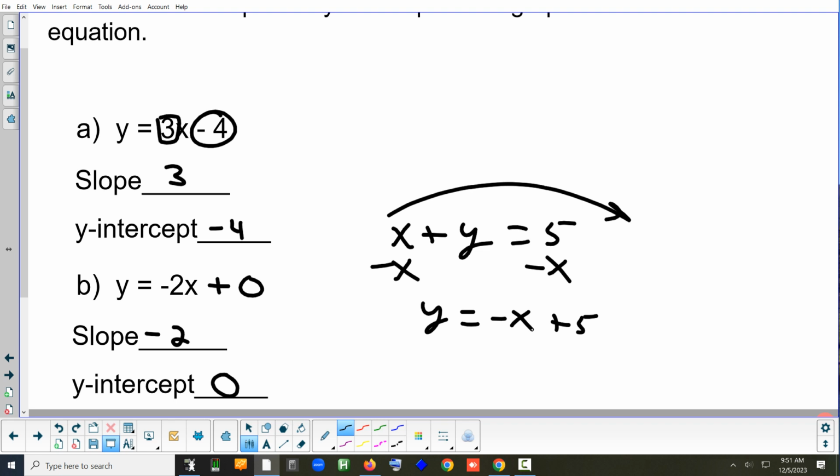If they give you a problem where the x and the y are on the same side, we have to fix that first. Now, what number is in front of x there? Negative 1. So here your slope is negative 1. And what's your y-intercept? 5. Yeah. Okay, so we just had to fix it before we could do that first. Okay, we can try another one like that tomorrow.